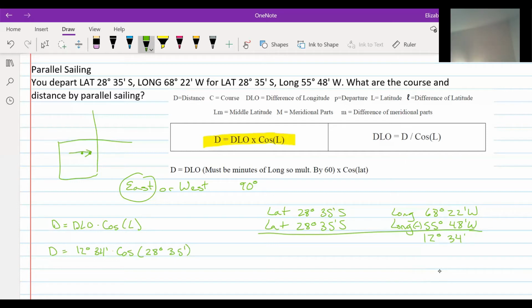So when I'm typing this into my calculator, I'm typing 12 degrees minutes seconds button, 34 degrees minutes seconds button, times cosine, parenthesis, 28 degrees minutes seconds, 35 degrees minutes seconds, close the parentheses. It is very important that you type it into the calculator correctly. This gets me 11 degrees, 2 minutes, 6.25 seconds.